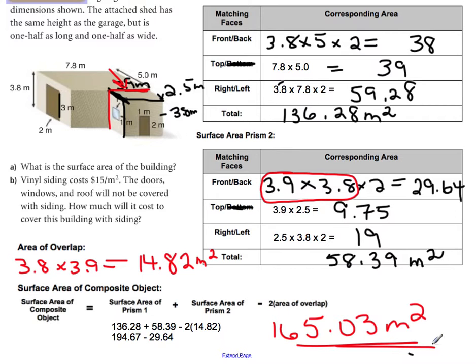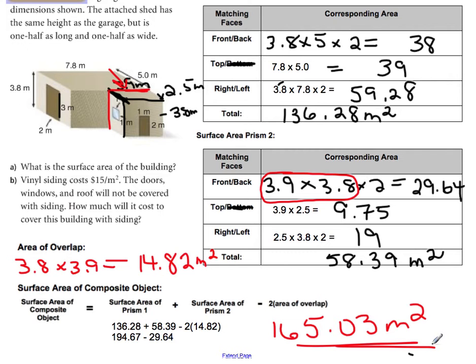Again, taking into consideration that we do take in the windows and the doors for the total surface area, but not the bottom. Okay, so now vinyl siding costs $15 per meter squared. The doors, the windows, and roof will not be covered with siding.